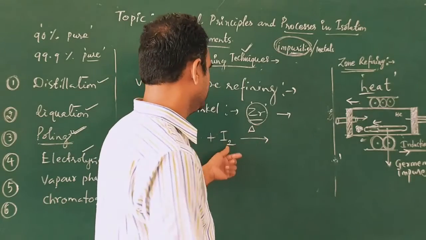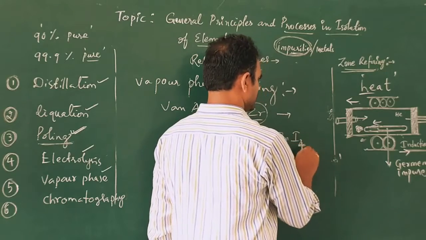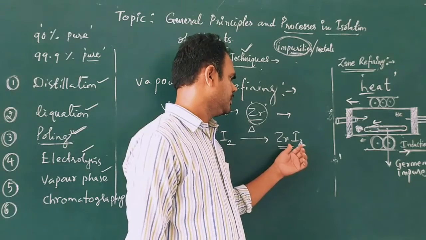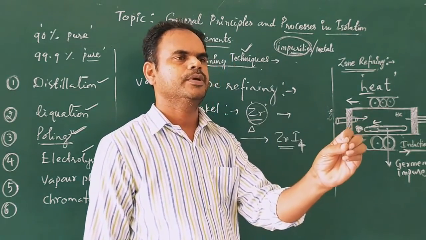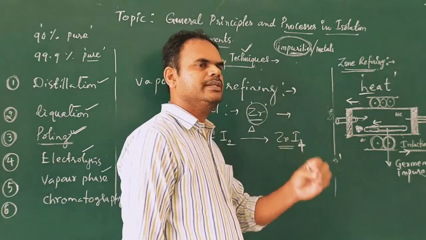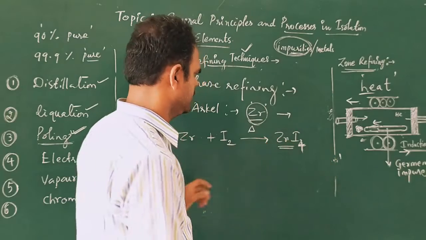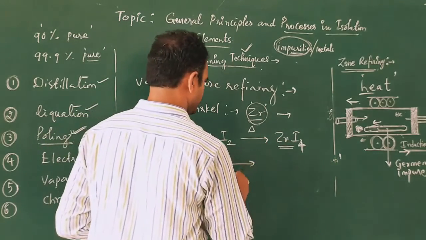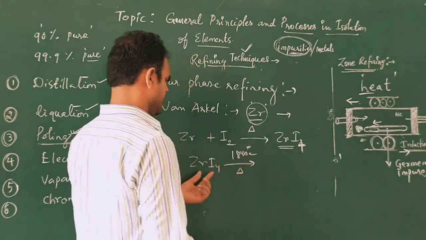After heating, the compound we get is tetraiodo zirconium, which is a volatile compound. It easily undergoes decomposition when subjected to electric discharge, at around 1800 degrees Celsius.